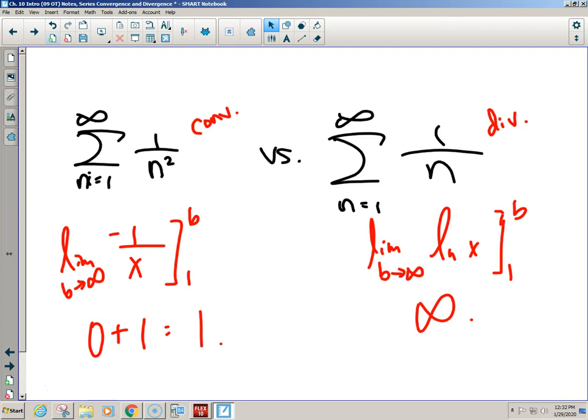If the limit is 0, I don't know. I need something else to show me. It gets really confusing because they're both getting smaller and smaller as you're adding, but this one's going to go to an infinite amount. This one's going to be bounded by another amount. Confusing. But if the limit equals 0, we know nothing. If the limit equals anything but 0, we are for sure it's going to be divergent.